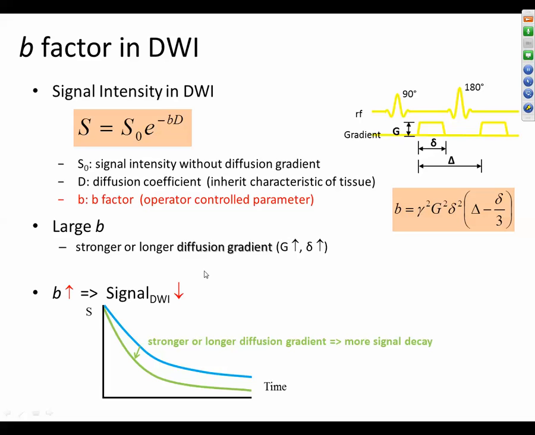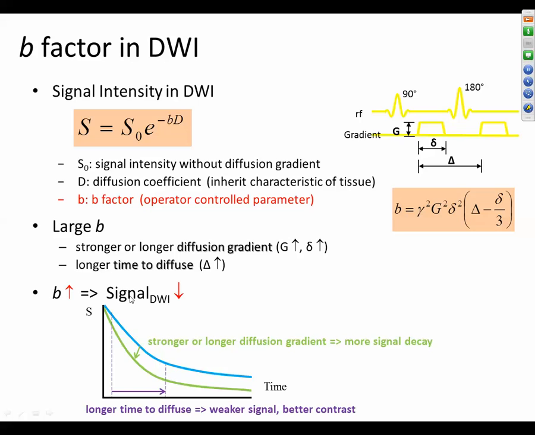It's also possible that if we expand the time to diffuse, then the B will be greater. So if we give them a longer time to diffuse, then the B will be bigger. In this way, we see that with a larger B or longer time to diffuse, the signal intensity will decrease, but the contrast will get better.